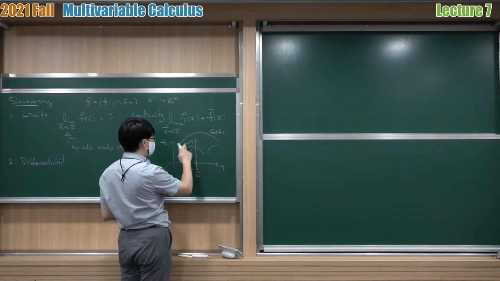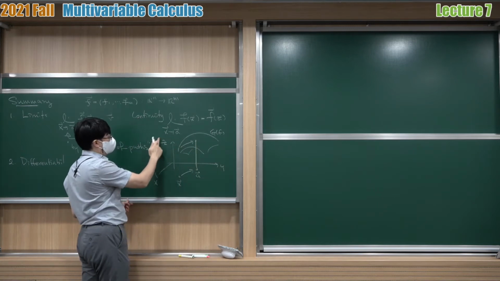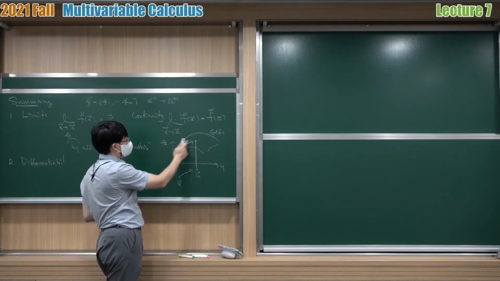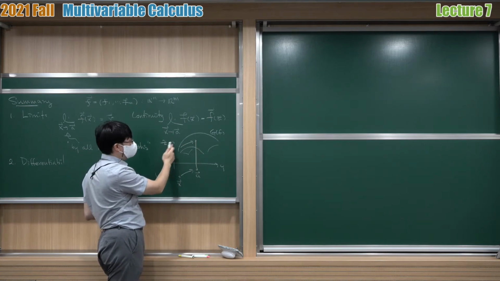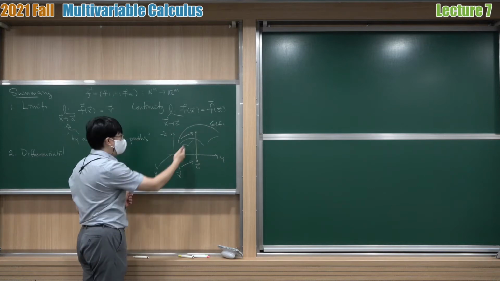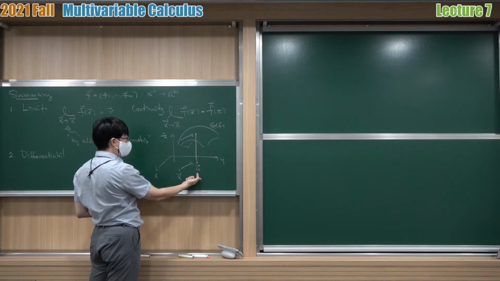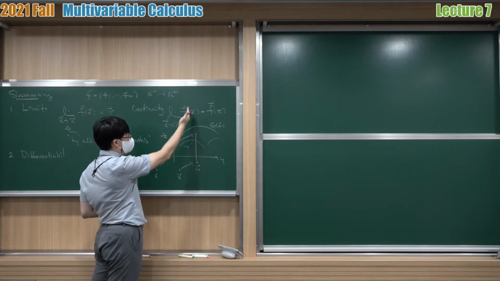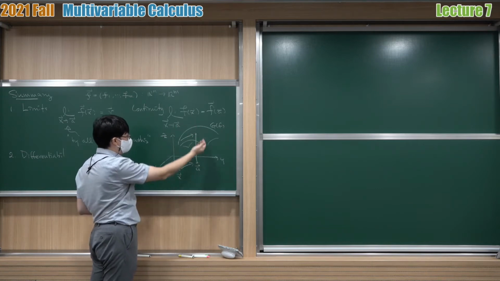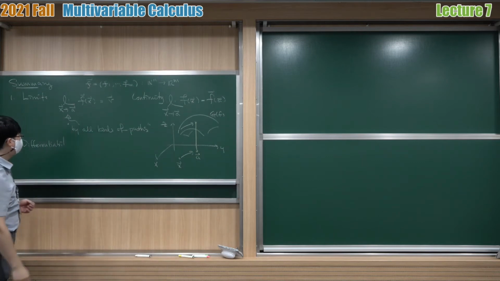This is a single real valued function, so we can just identify the value as the value on the z-axis. So if you have a hole at this point a, or if you have a sharp edge, or like a diverging point at a, then you can say this is not continuous.